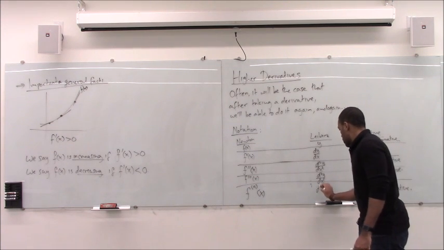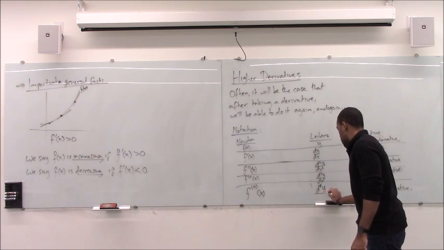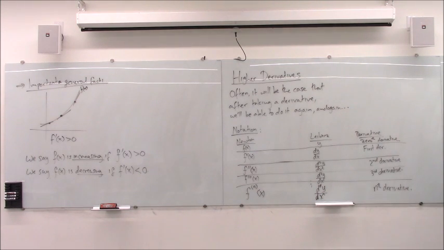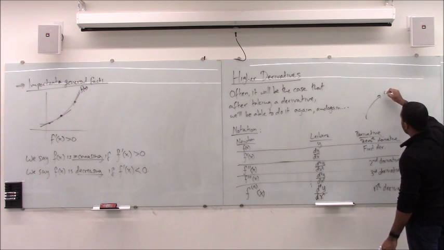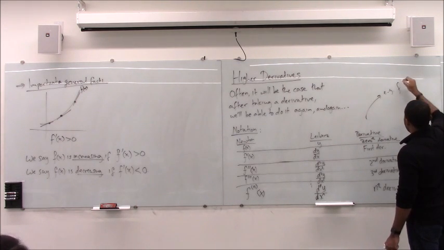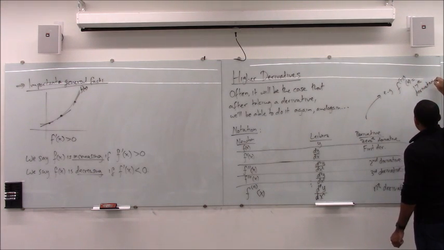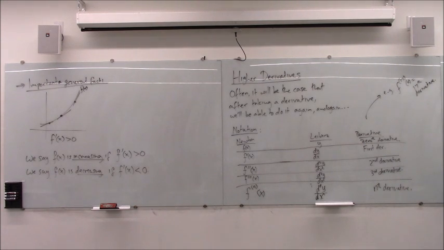And this one would of course look like d^n y over dx^n. That would be the nth derivative. So, for example, I can say f^(17)(x). This is the 17th derivative. So oftentimes you'll be able to take derivatives over and over and over again. These are called higher derivatives.